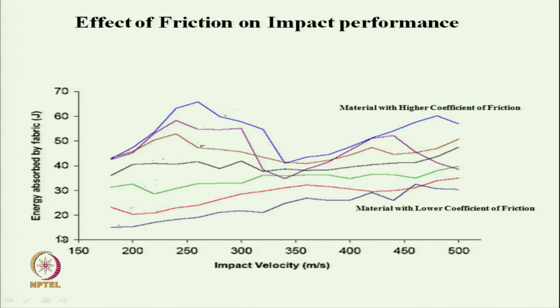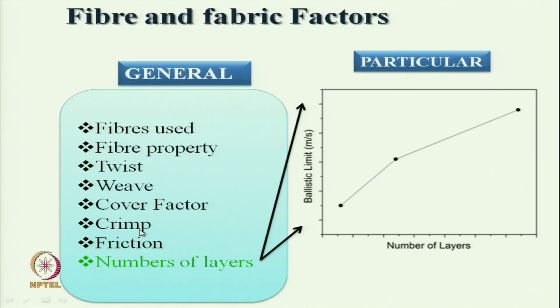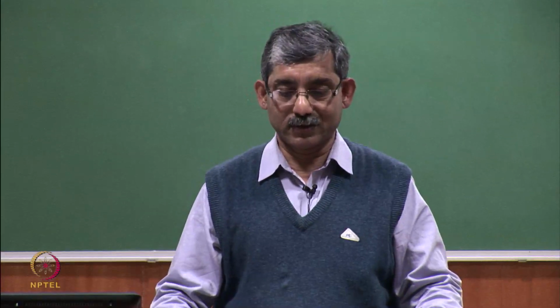So, for different levels of impact velocity, the fabric made of higher friction yarn gives higher energy absorption. As far as number of layers is concerned, as we increase the number of layers, the ballistic limit increases. It is obvious, as more layers of fabric are taking part.